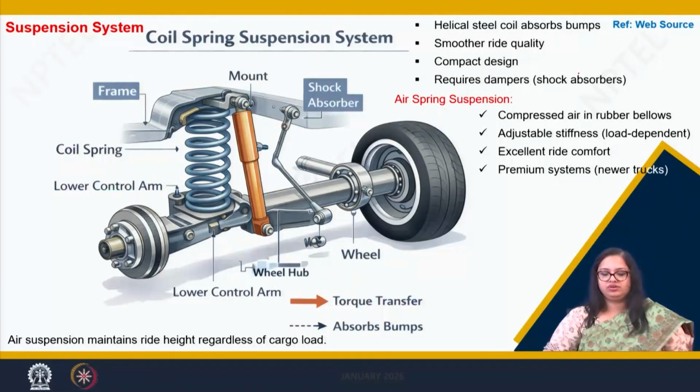It is not clubbed together, but there are individual coil springs attached onto each wheel, so that they have the required stiffness, so that the jerk that comes from the road surface is not experienced by the patrons sitting inside the vehicle. So, they give a smoother ride quality.